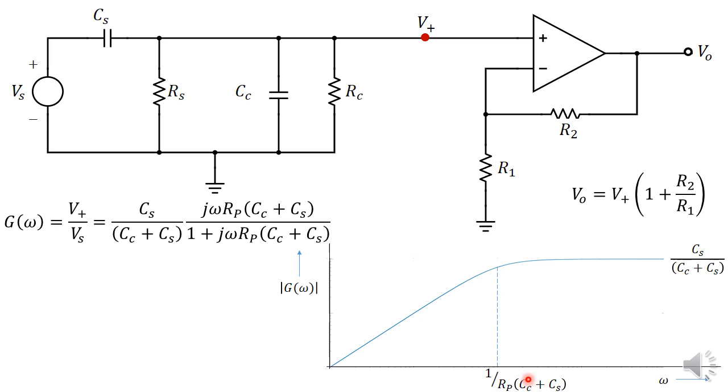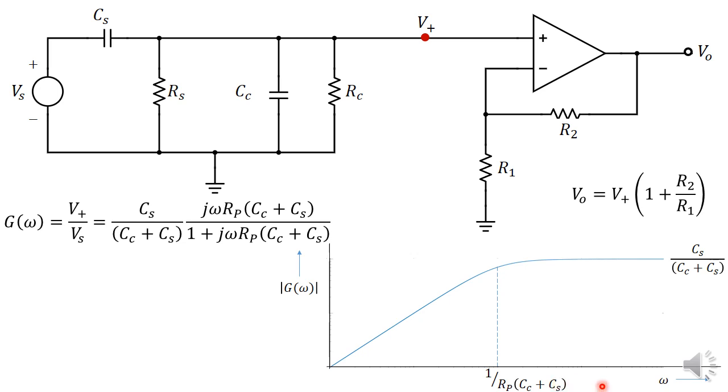So that's when the cable capacitance is much less than the sensor capacitance. But that may not be true, because the capacitance of the sensor as such is very small, and then you have the cable capacitance, and therefore the cable capacitance may not be much smaller than the sensor capacitance.